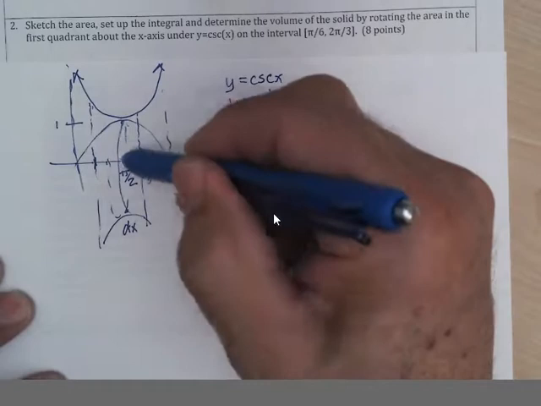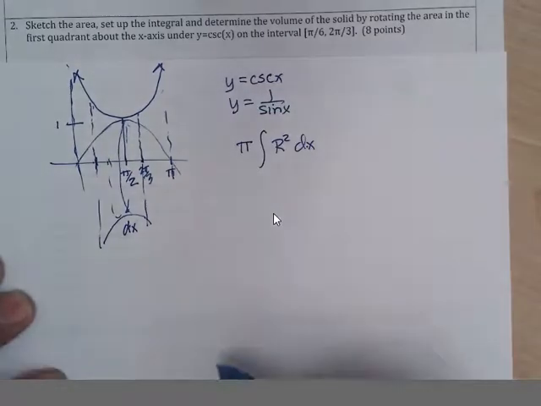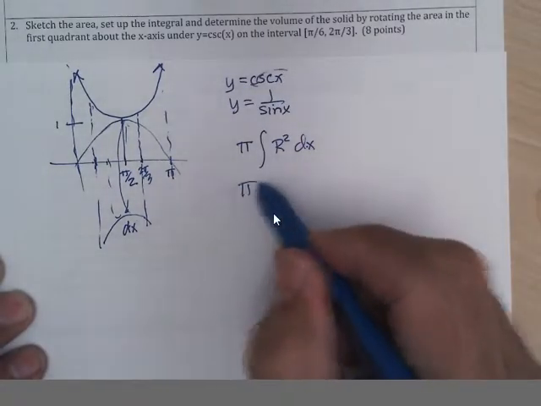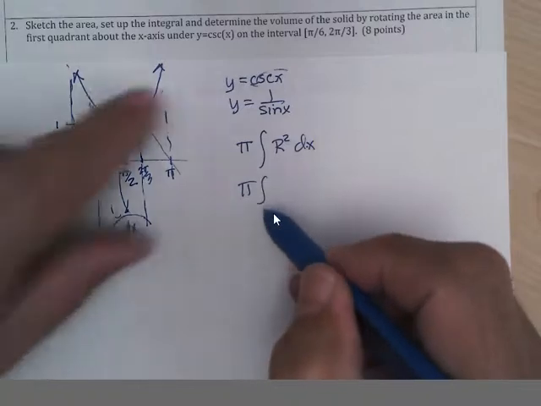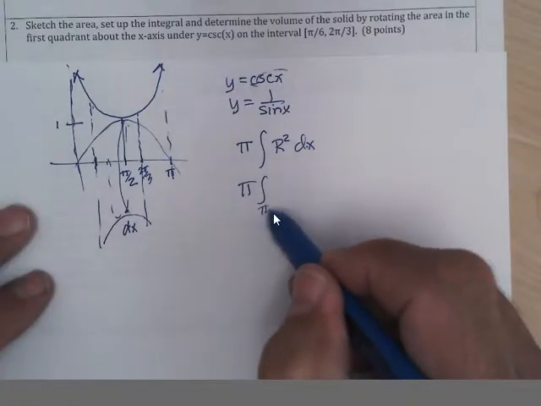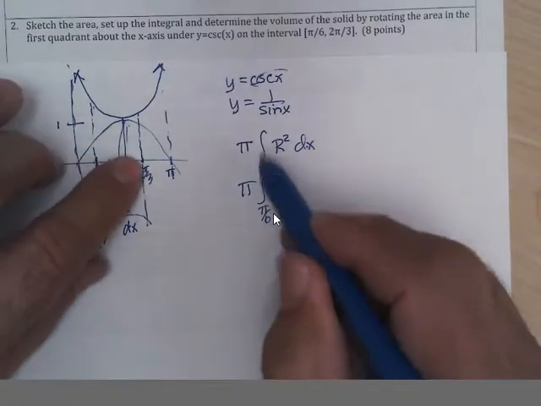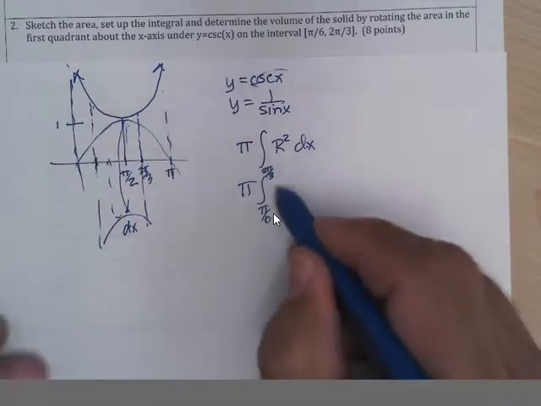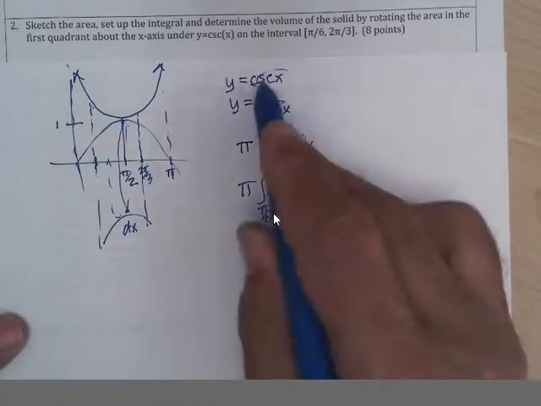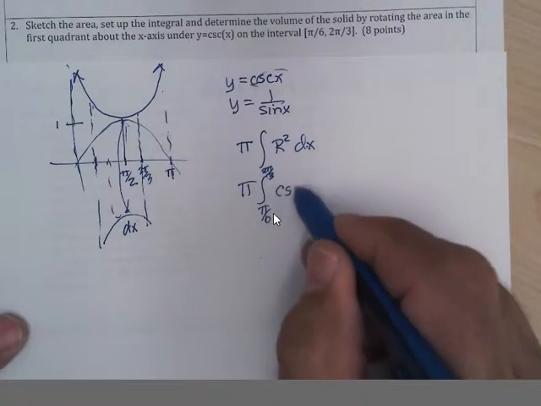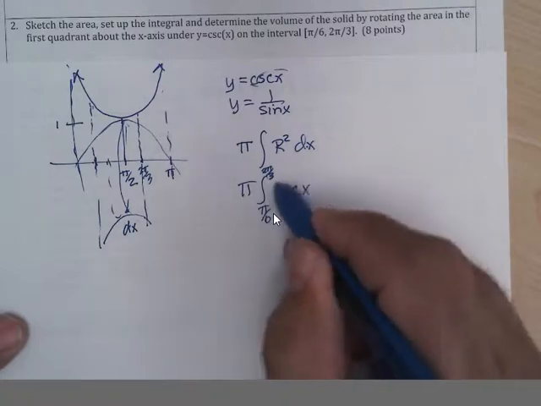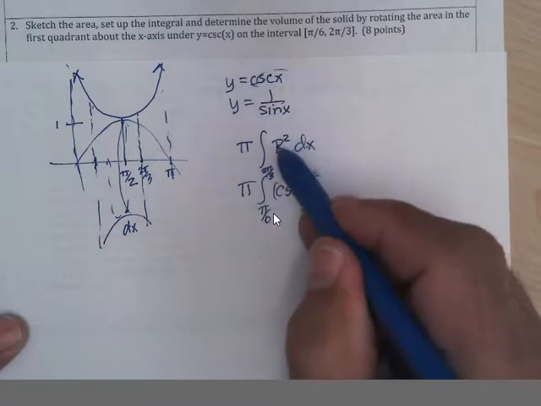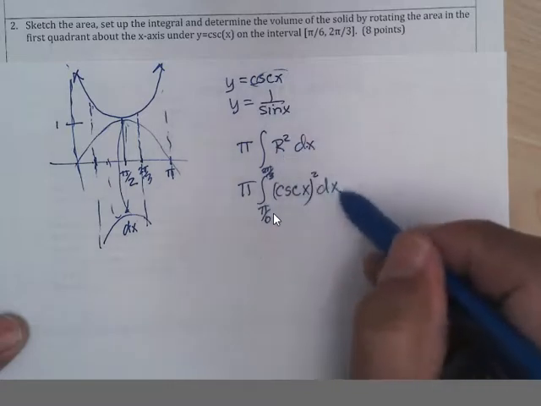The radius is from here to there, which is y, and y is cosecant, so it's going to be pi integral from pi over 6 to 2 pi over 3 of cosecant x squared, the radius squared, dx.